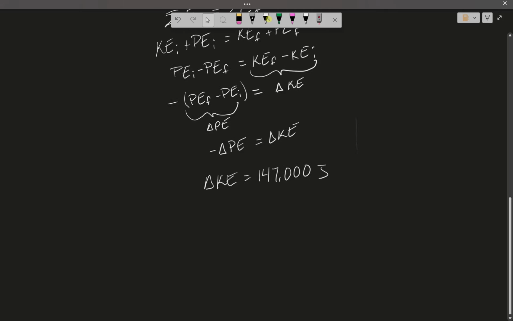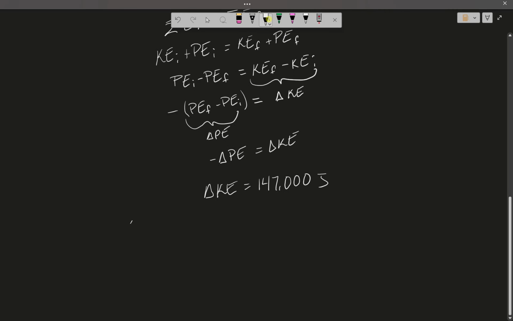147,000 joules. Because my object is starting with an initial velocity of 0, right? I have 1/2 mv final squared minus 1/2 mv initial squared. This has to equal 147,000 joules. My initial velocity is 0, so this whole term is going to go away.